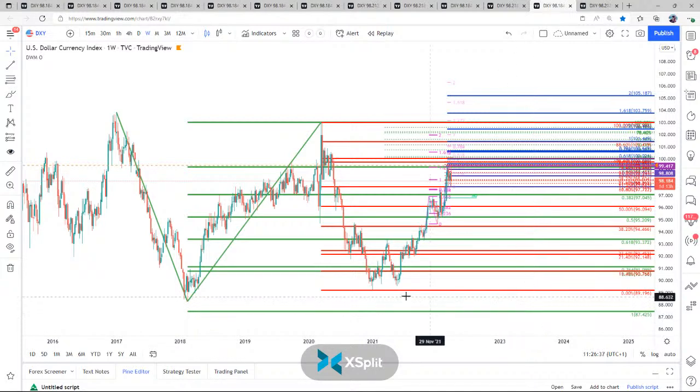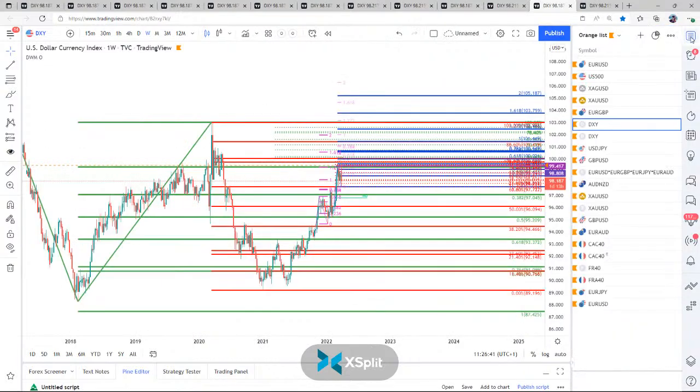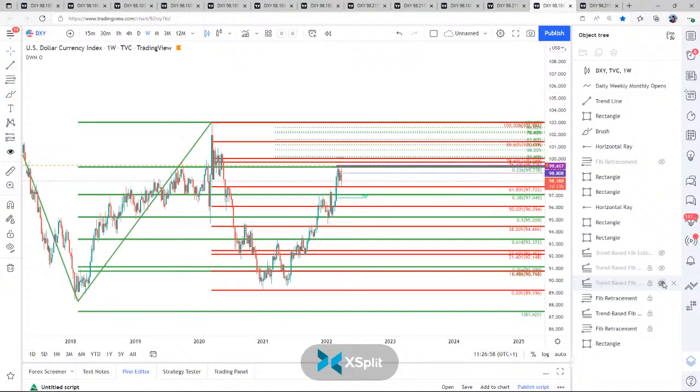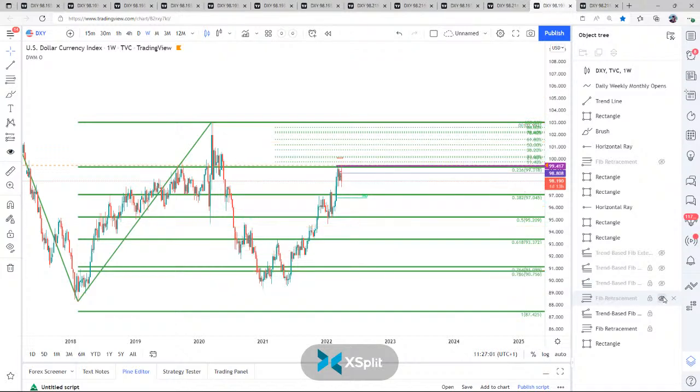On the Euro USD, we have exactly the same configuration. So here, what we see is, let me show you. Okay. I will take off this retracement. I will take off this one, that one, this one, this one.